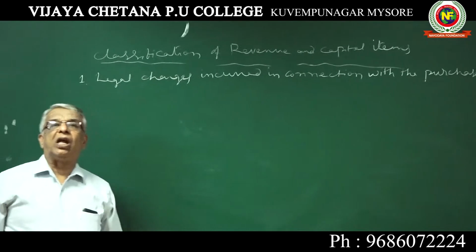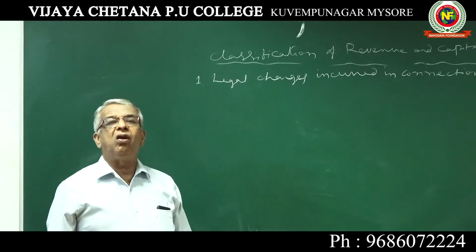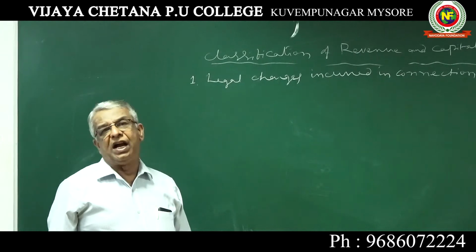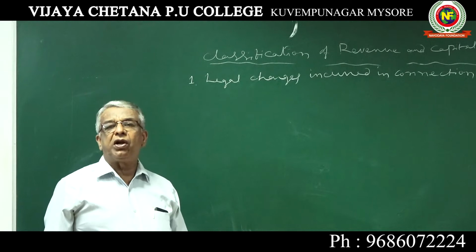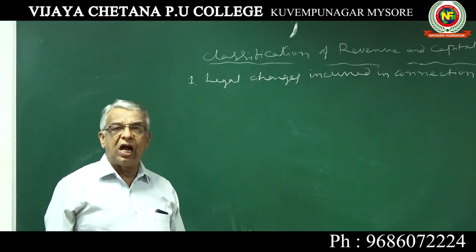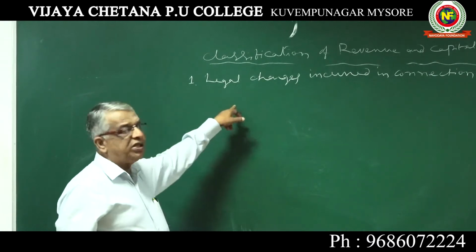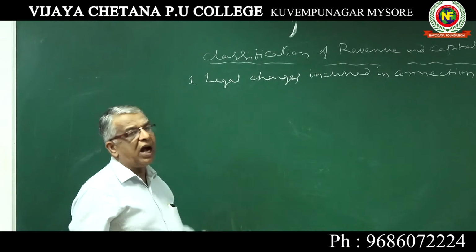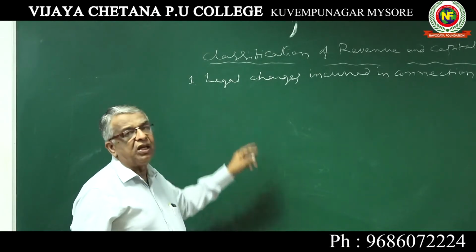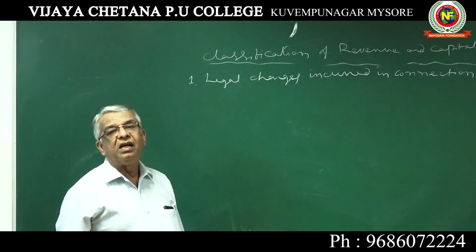You have to tell this because legal charges are part and parcel of the cost of the land. So therefore, this amount has to be included in the cost of the land. So this expenditure, the amount they have spent in connection with the purchase of land, this legal charges is considered as a capital expenditure.